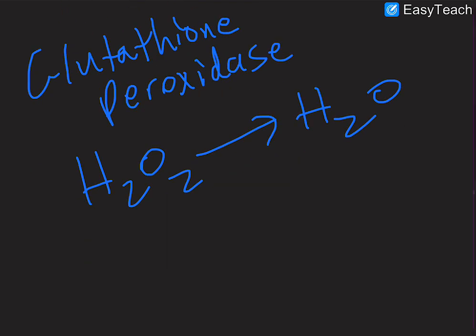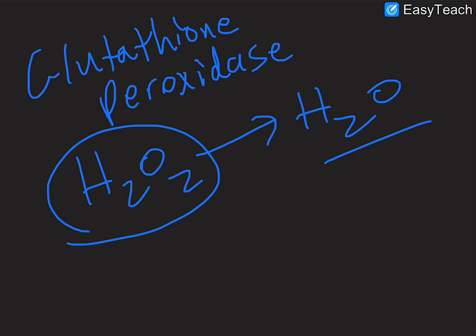Hydrogen peroxide can induce oxidative damage; water is obviously safe. So it's good that we have glutathione peroxidase because we reduce the hydrogen peroxide level.